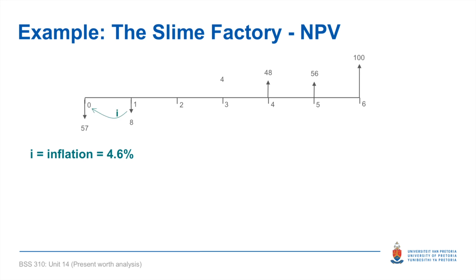Now let's first take this example of the 8,000 Rand disbursement that I want to bring back from the end of year 1 to the start of year 1. This is the formula that we'll use. The present value of a cash flow is the future value divided by (1 + i) to the power of n. Many of you might recognize this formula from school.